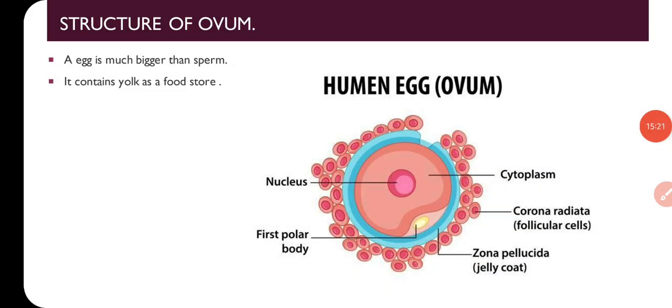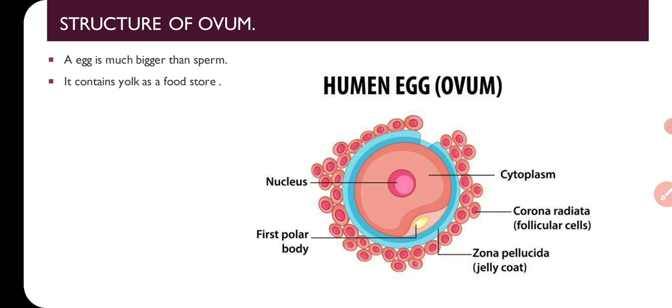Now we'll talk about the structure of the ovum. The egg is much bigger than a sperm. If you have studied the sperm, you can compare the egg and the sperm. The egg or ovum and the sperm are quite different from each other. The sperm is a motile gamete, but the ovum is a non-motile gamete, and it contains yolk as a food store.